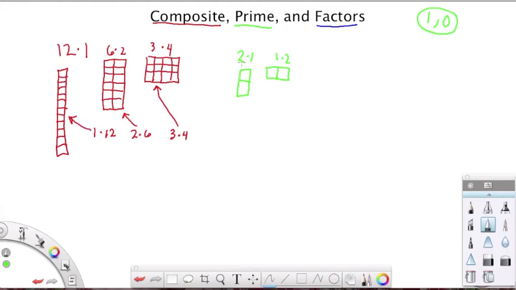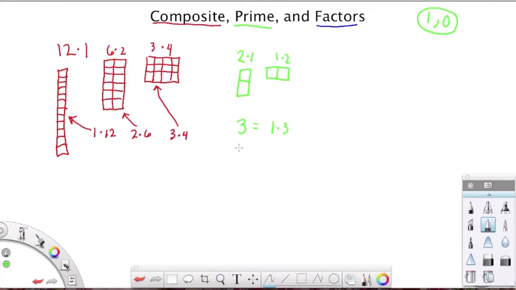See, 2 is a prime number because its only factors are 1 and itself. There's no other factors for the number 2. And 3 is the same thing. 3 can only be represented as 1 times 3.